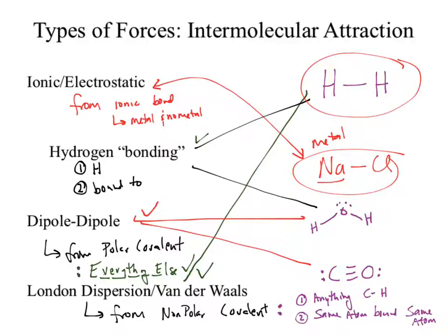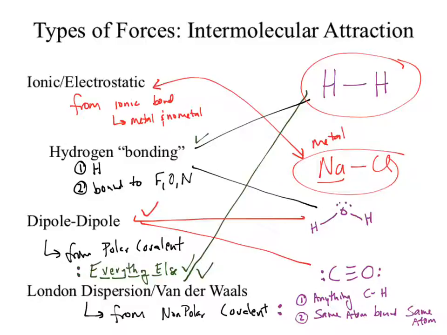Bound to an element with very high electronegativity. What are the three most electronegative elements? Fluorine, nitrogen, oxygen. Guess which three elements generate hydrogen bonding forces? Fluorine, oxygen, nitrogen. We must have a hydrogen bound to one of those three elements. If we have that, then we have the potential for hydrogen bonding.